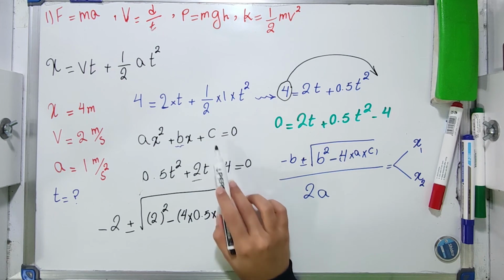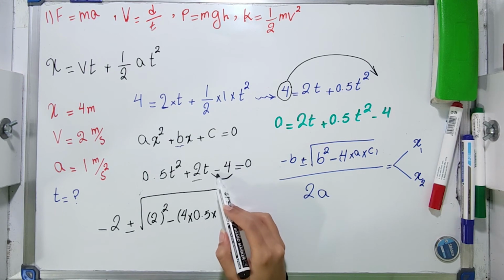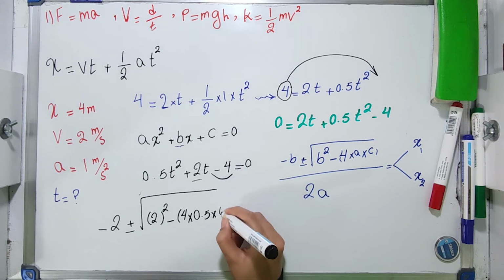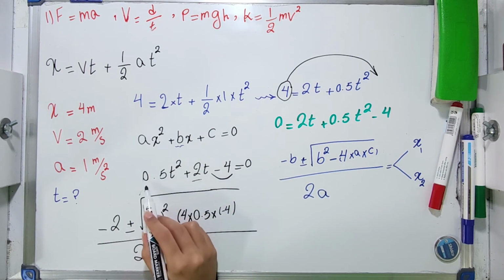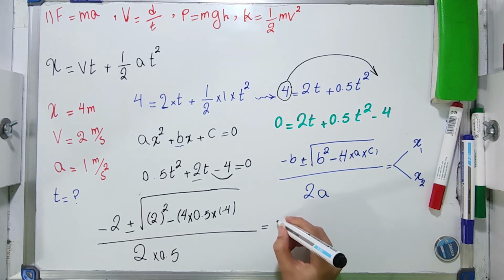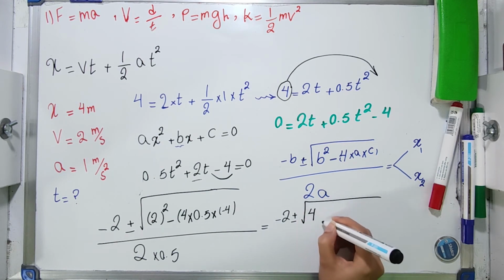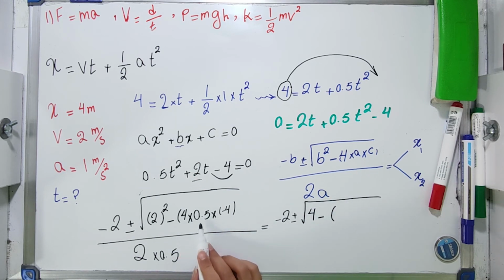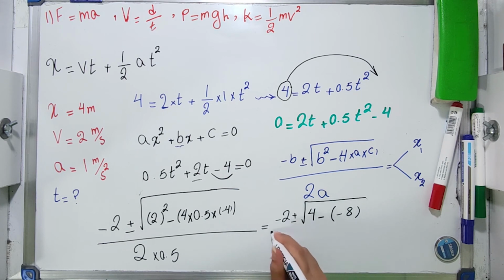And c is your number that is minus 4, guys, not 4. It has its sign beside itself. So minus 4, divided by 2 times a, that is a is 0.5, and I write minus 2 plus or minus 4 minus 4 times half times minus 4, and it will be minus 8, over 1. This will be 1.